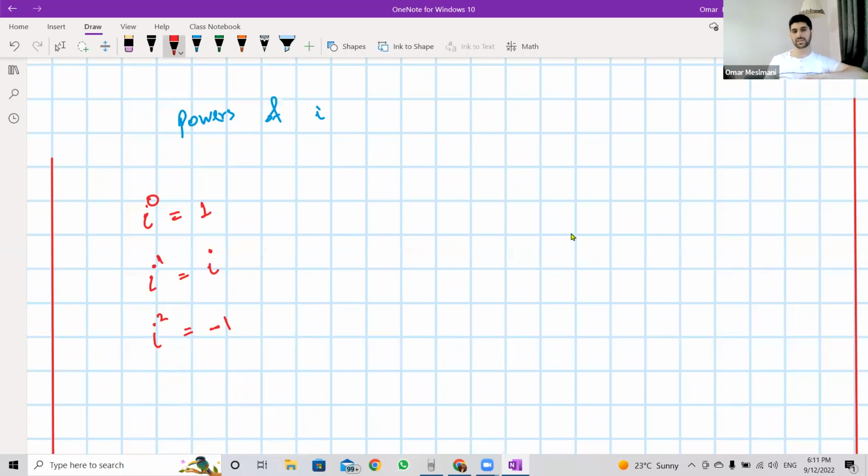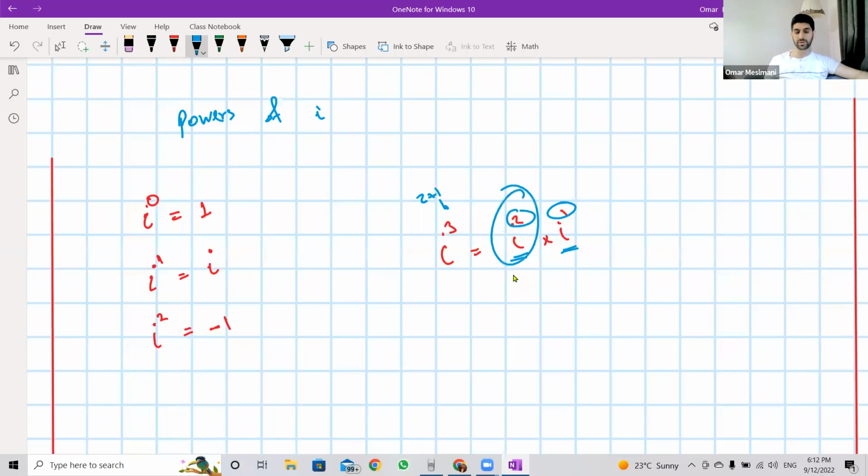Okay, all right, now let's try to work out i power 3. I power 3, I can say it is going to be i power 2 multiplied by i power 1. Yes or no? Because we know the rule that once you have the same base and different powers, you can add the powers, 2 plus 1, which is 3. We do have this formula.